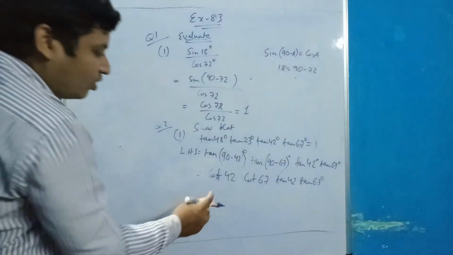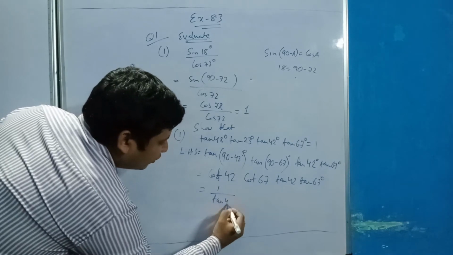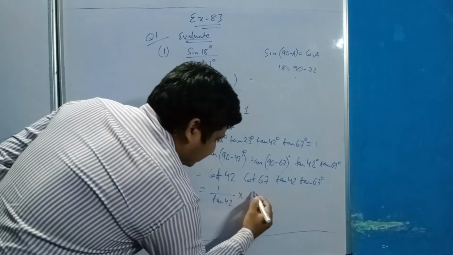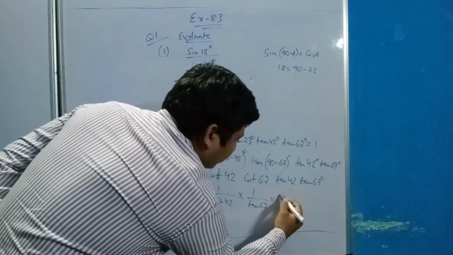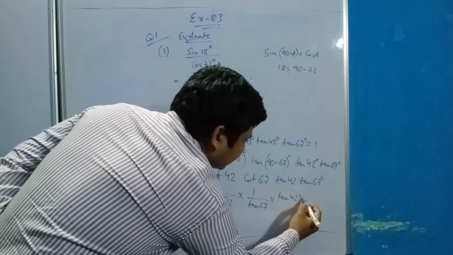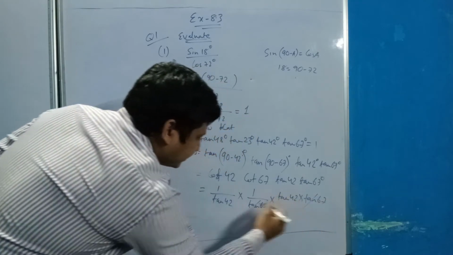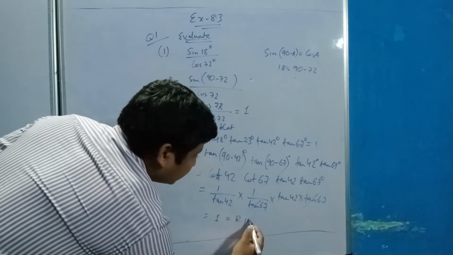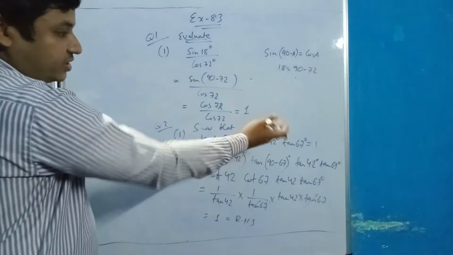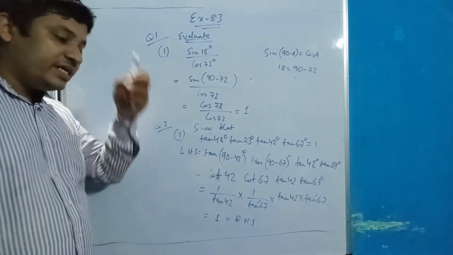We know that cot 42 is 1 by tan 42, and cot 67 is 1 by tan 67. Tan 42 and tan 67 stay as they are. Now it cancels, so it becomes 1, which is the RHS. Hence proved, RHS is 1. This way we can prove such kinds of sums.